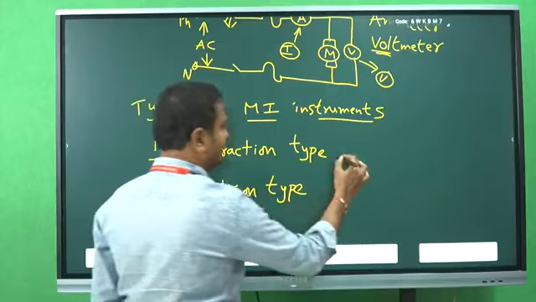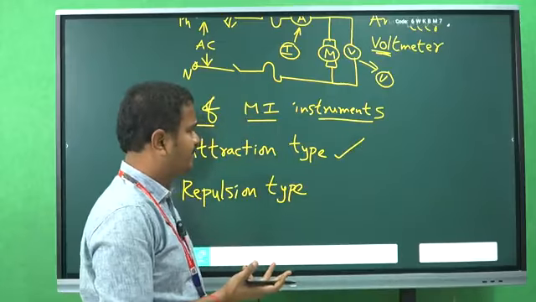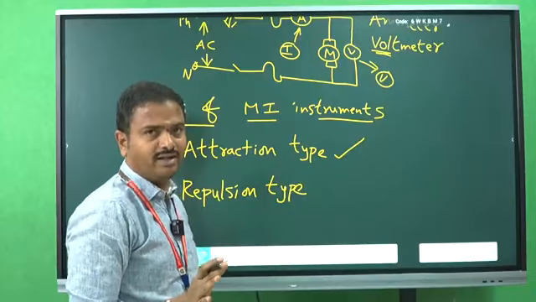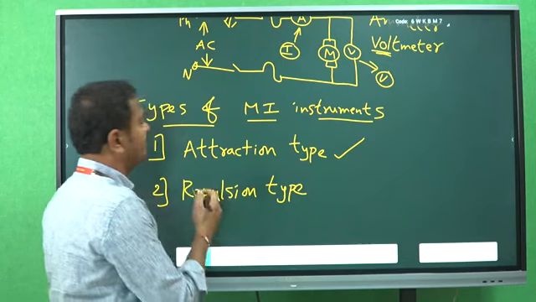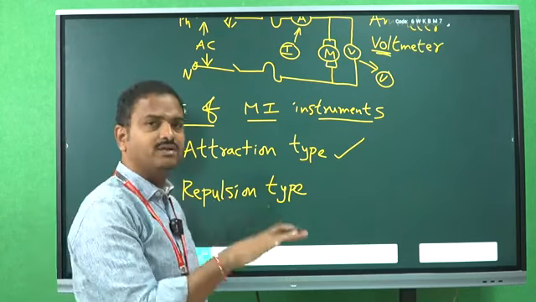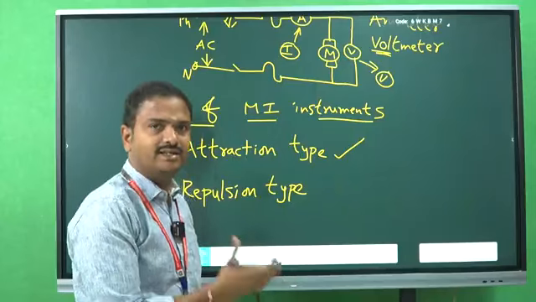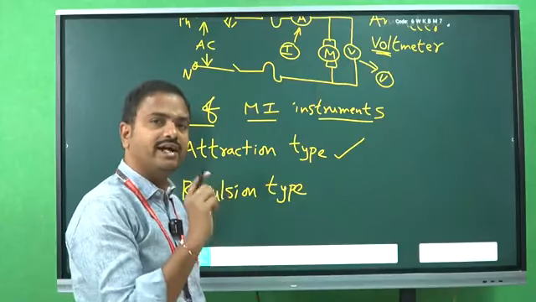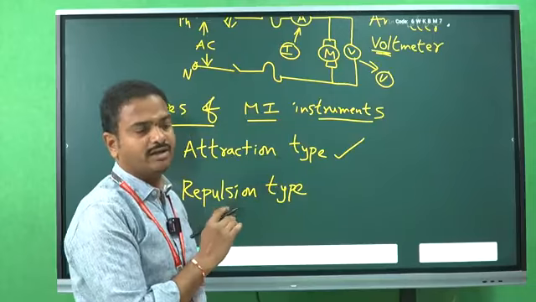So what are attraction type instruments? This instrument consists of a fixed coil and an iron plate or iron piece. Whenever current flows through the fixed coil or coils, a magnetic field is produced inside the instrument. Then the moving iron piece will be attracted towards the stronger magnetic field lines.